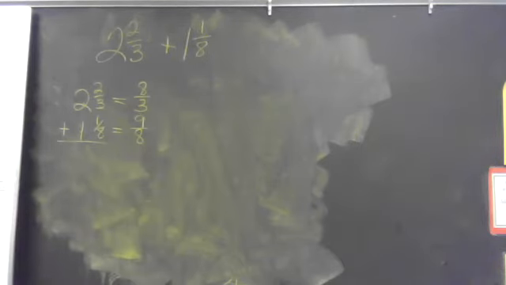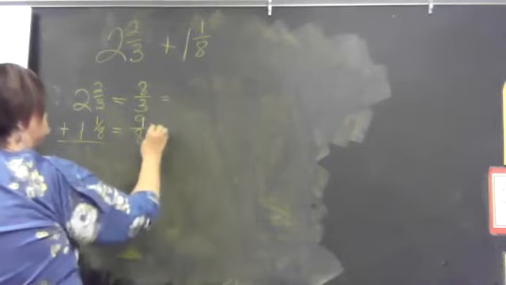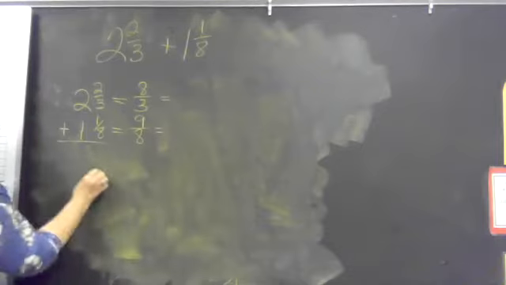Do y'all see that we didn't find common denominators yet? We just dealt with the mixed fractions. Did I do it right? 6, 7, 8/3? Yes. Now we get common denominators. Here we go. Here's our 3.